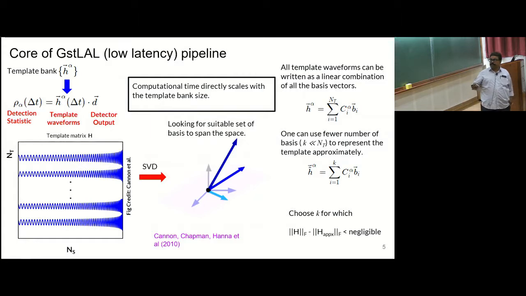And when you represent this matrix by a low rank approximation, of course, there are errors in it, but you try to control it by comparing the total energy of the approximate matrix with the actual template bank matrix.